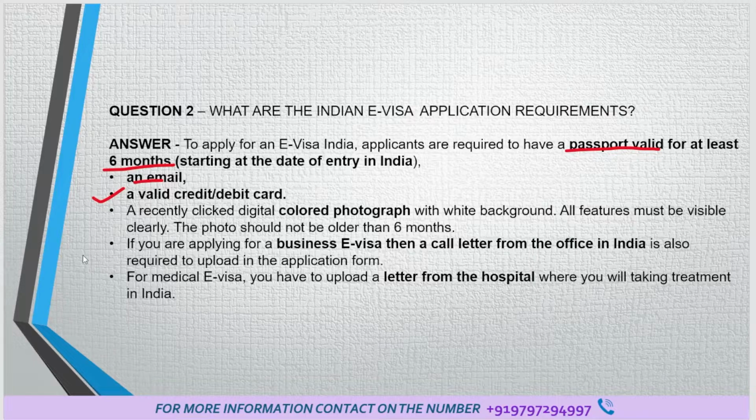Third is that you have to use an international debit or credit card to make the payment for the Indian e-visa. When you will reach on the payment page of the procedure, you will see several options of making the payment. You can choose accordingly and complete the payment, but still use an international debit or credit card so that the payment procedure is simple and easy.